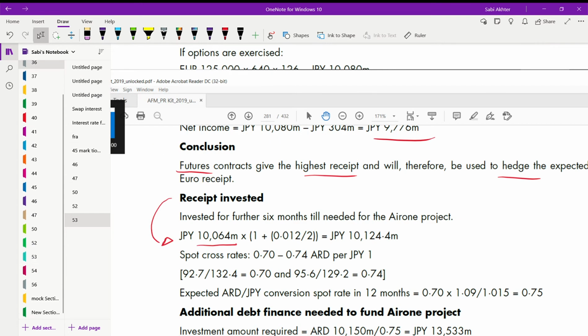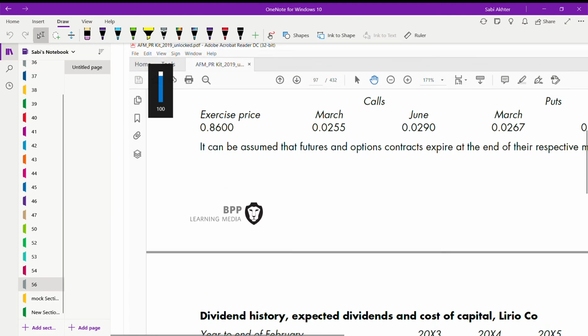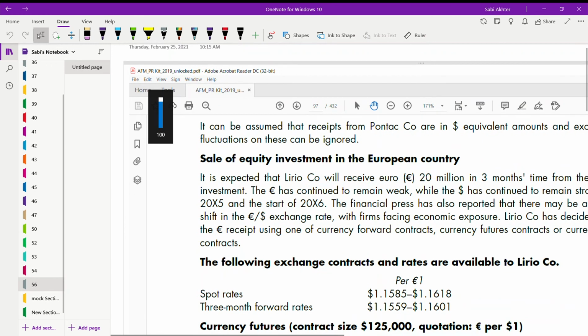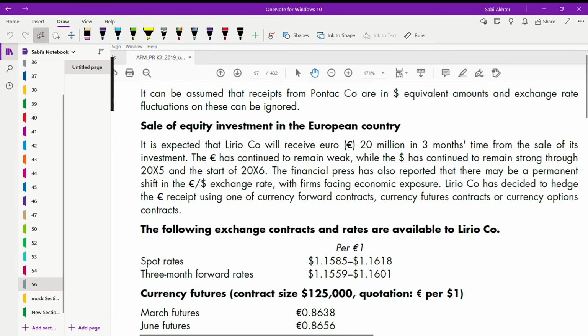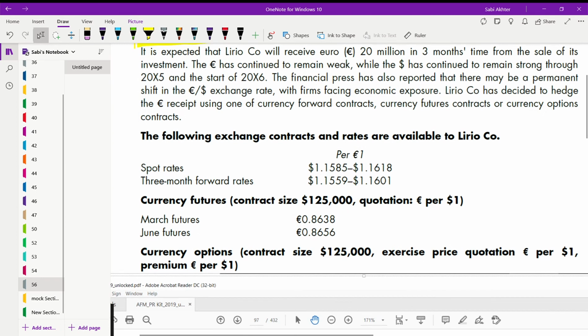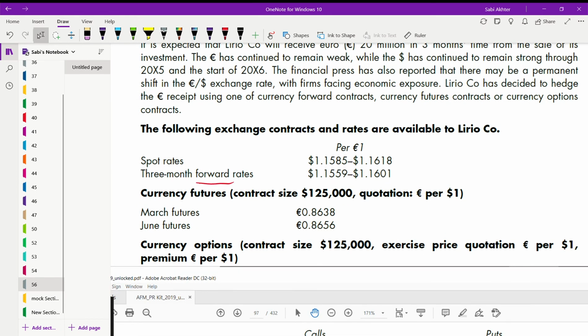So now coming to 55 or 56. If you see here, you have each in different part. Sale of equity investment in one part, and all this. As you can see, we have forward, that is we have to use forward.